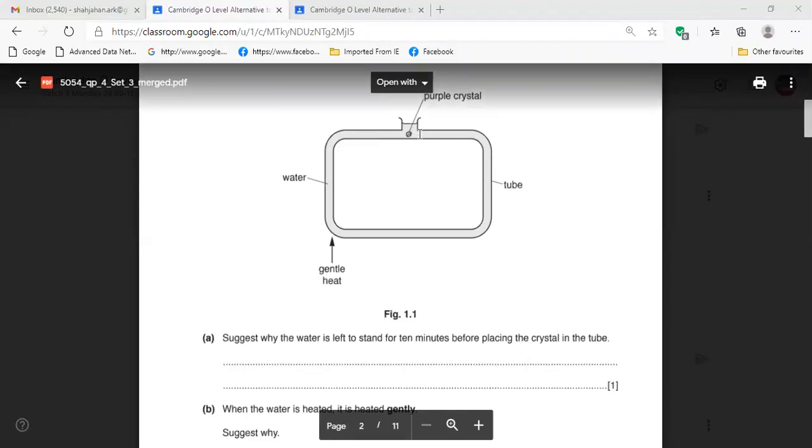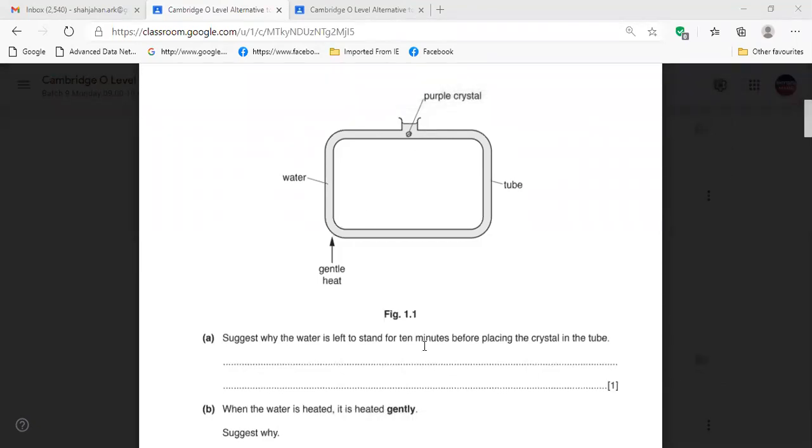But if our water is not settled, we might see that some color will also come to the left side, some will go up, right? Do you understand what I'm saying? So what we have to do first is wait for some time so that our water remains settled, calm water, so that we can observe the convection process without any error.